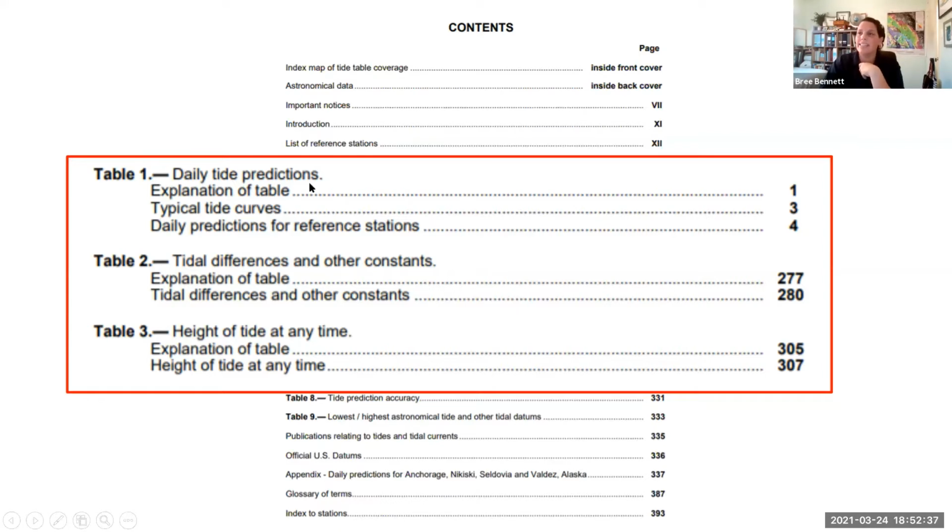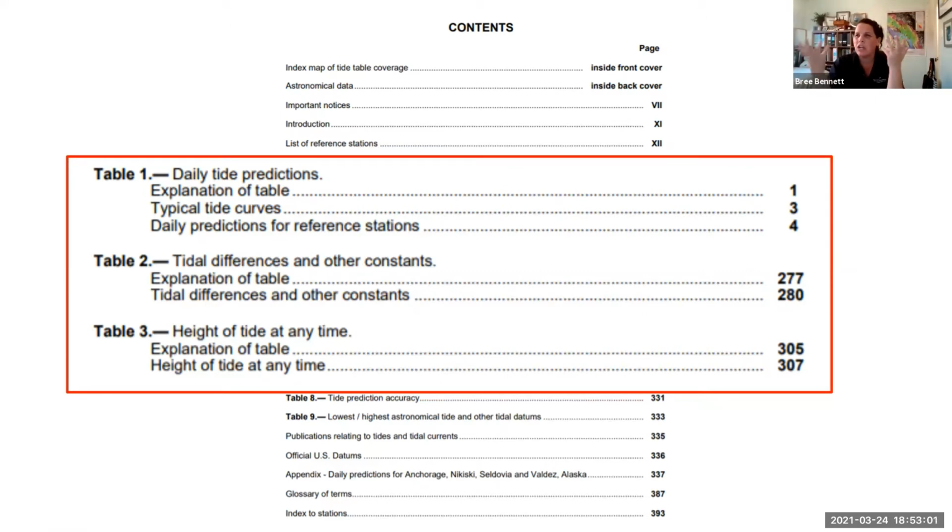So table 1 is telling us at 8 o'clock, it's low tide. At noon, it's high tide. At 8 o'clock, it's a low tide of 2 feet. Noon, it's a high tide of 12 feet. 1600, high tide or low tide, whatever. It's telling us the time and the tide.